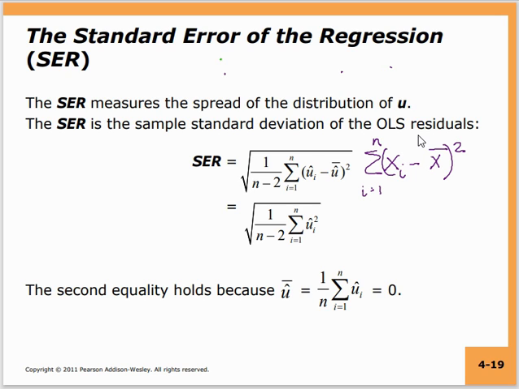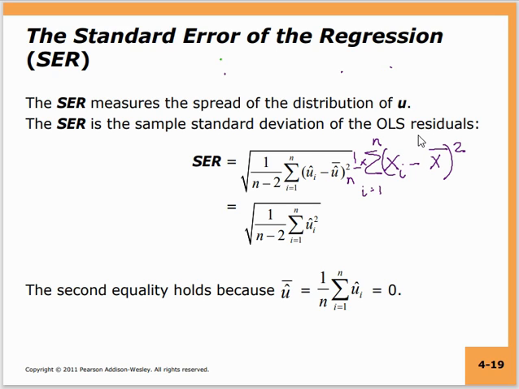This is the variance, and here you are dividing by n minus 2. We will see why we are using n minus 2, but taking the root of this gives you the standard deviation. In this particular case, this is known as the standard error of the regression.